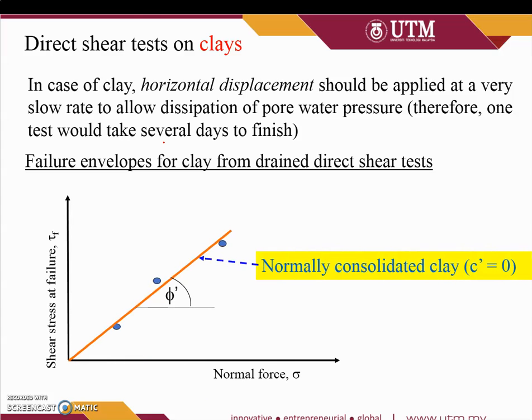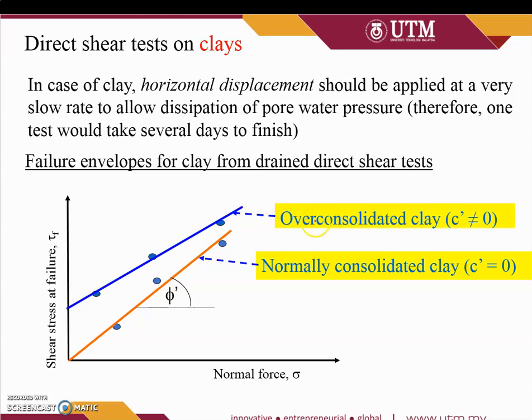Similarly, we can have the failure envelope for the clay from the direct shear test. For NC clay, the failure line passes through the origin of the graph, so we can get the internal friction angle for the clay.